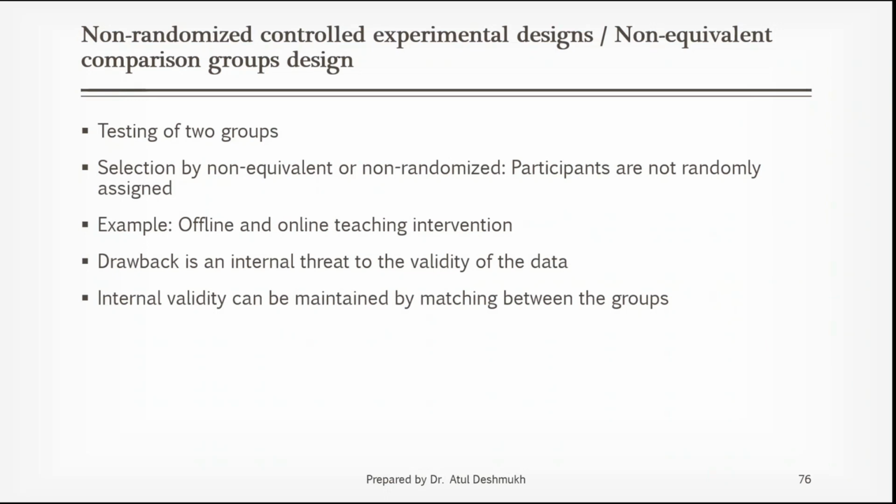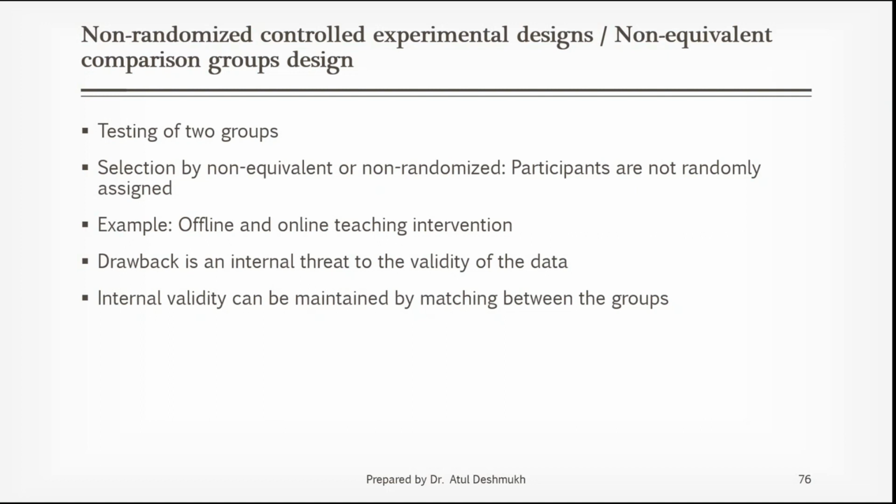In online, I should match for their age, I should match for their teaching capabilities, or I should match for their academics. Suppose those who are from academics, even for online, I should select people from academics, those who are attached to academics, or I should match some intellectual levels for both the groups. Means matching is an important parameter, matching in terms of their intellectual capacity, matching in terms of their exposure to research methodology is important. Then only can I have that internal validity.